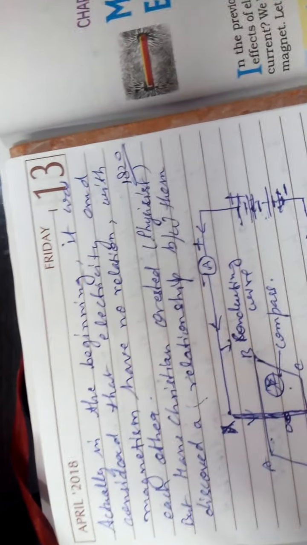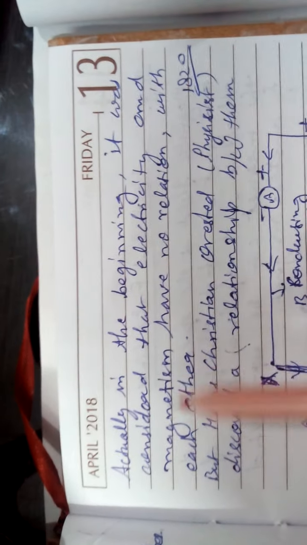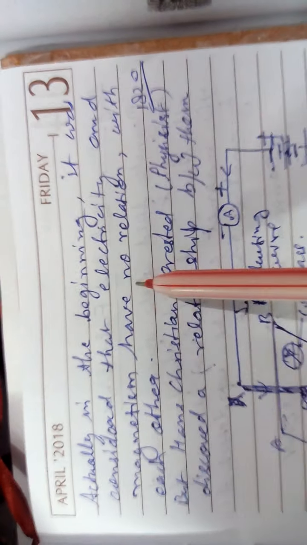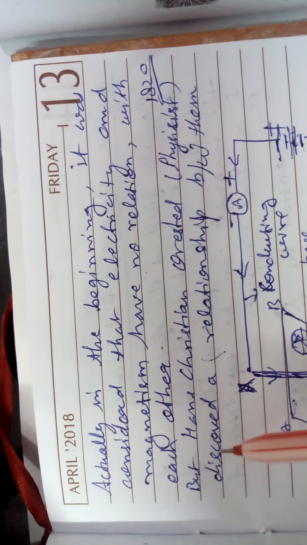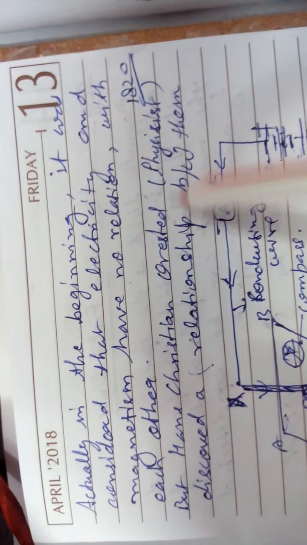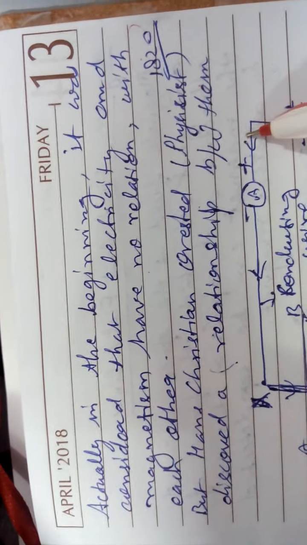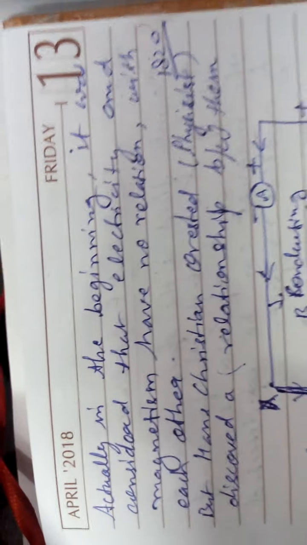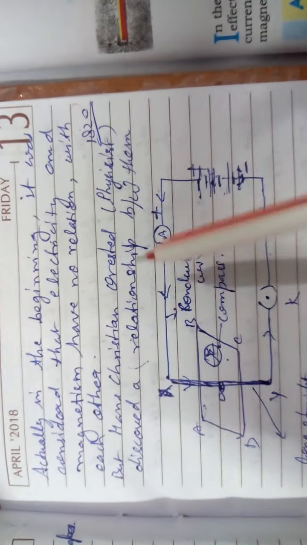The persons in the beginning, before 1800, when electricity was produced, knew that there was no relation between electricity and magnetism. Then one physicist, Hans Christian Ørsted, in 1820, discovered a relationship between the magnet and electricity. Magnetism is a property of the magnet, and he discovered a relationship between magnetism and electricity.